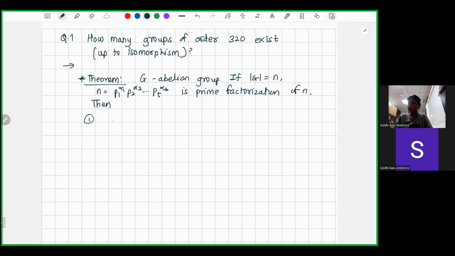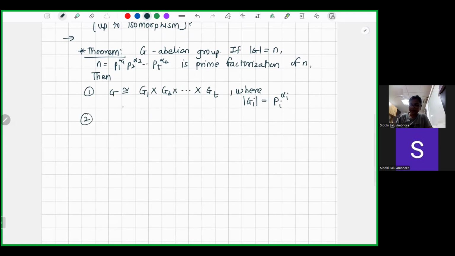First, G will be isomorphic to G1 cross G2 up to Gt, one for each prime in the prime factorization, where the order of each Gi is pi power alpha i.